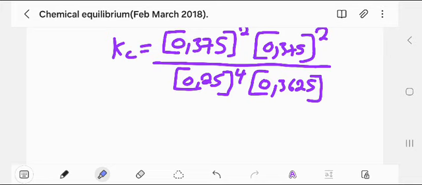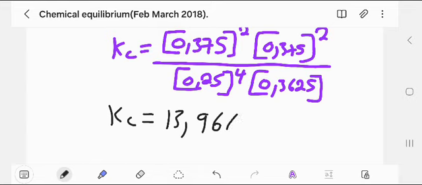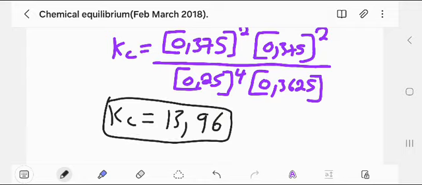You're supposed to get that Kc is equal to what? 13.96, yeah, 6, like this.